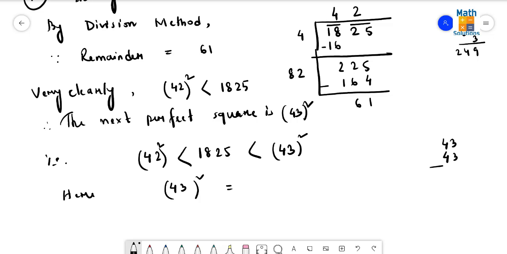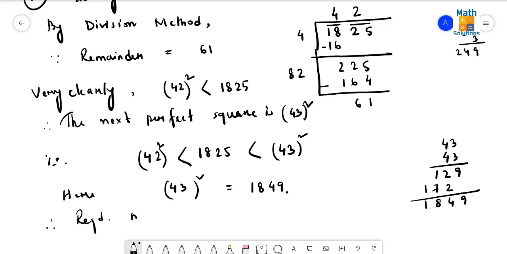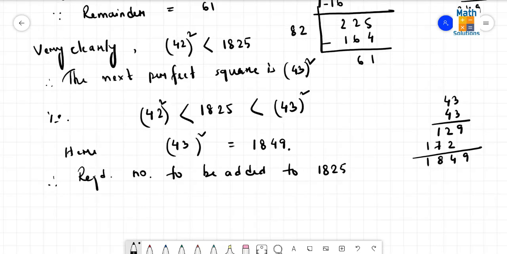43 into 43, 3 threes are 9, then here it is 12, then again 12, 1 left, it is 17. So 1849. Therefore, the required number to be added to 1825 is equal to what?